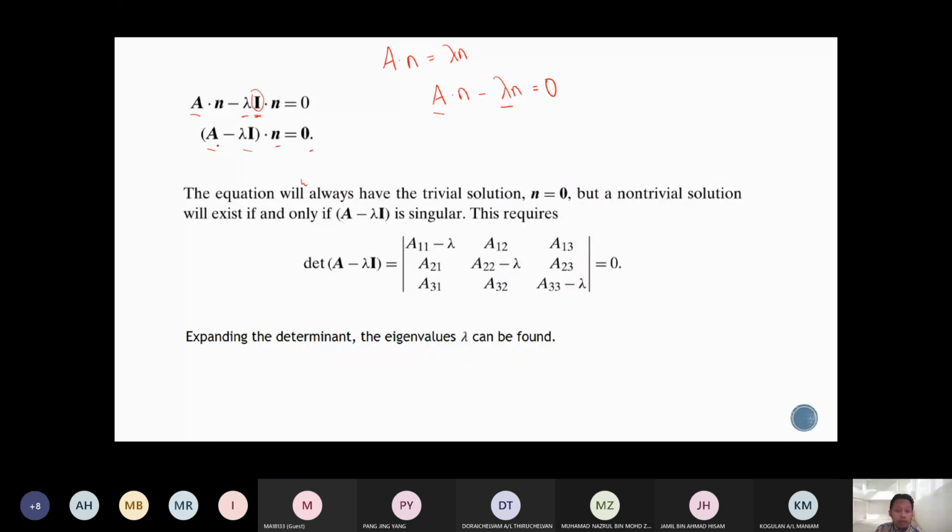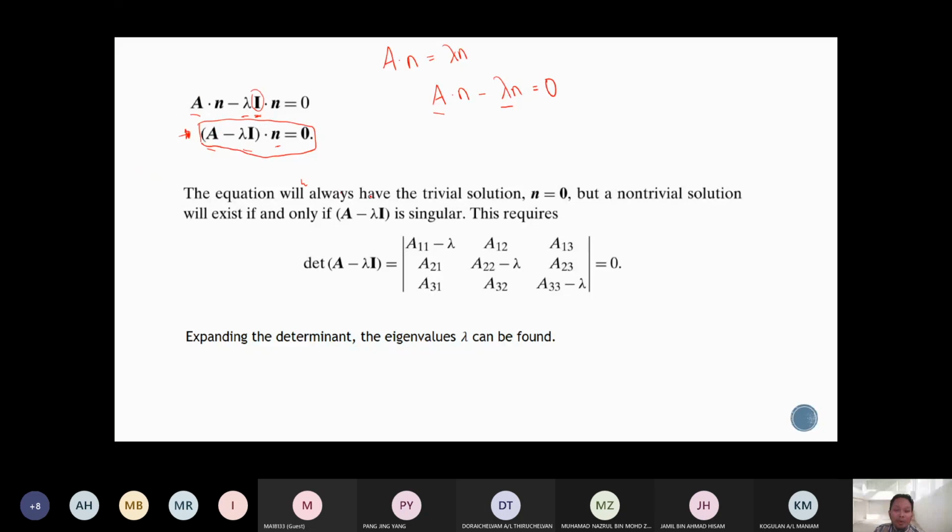So here we have this equation, and this equation is important. Later we will see why it's important.